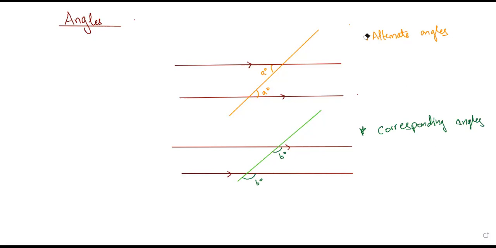Now I'll rub this out and talk about another property. Let's say this angle is G degrees, and this angle is H degrees. They are co-interior angles. The idea is that H degrees plus G degrees gives you 180. This is the third property. I'll write down the fourth one here.